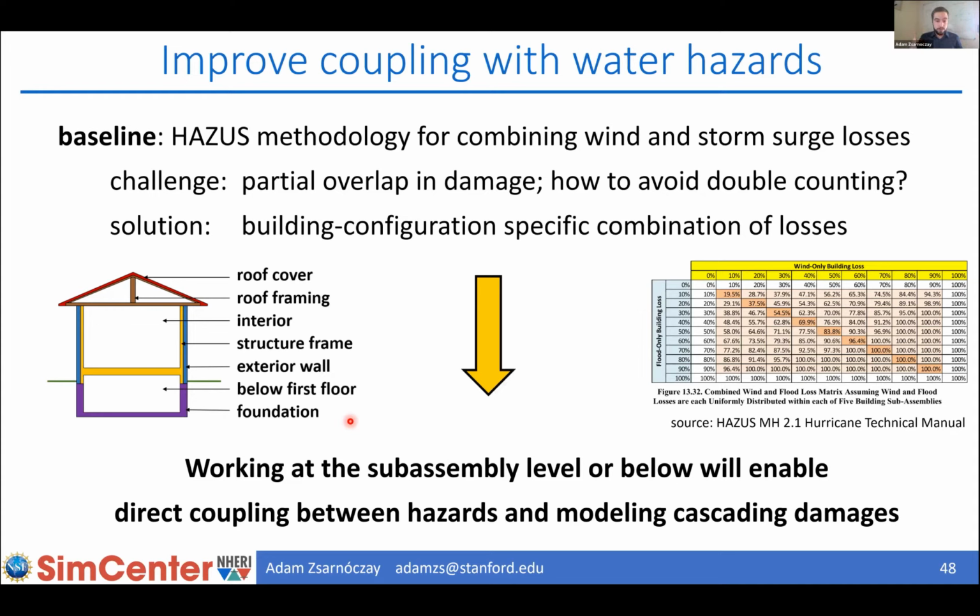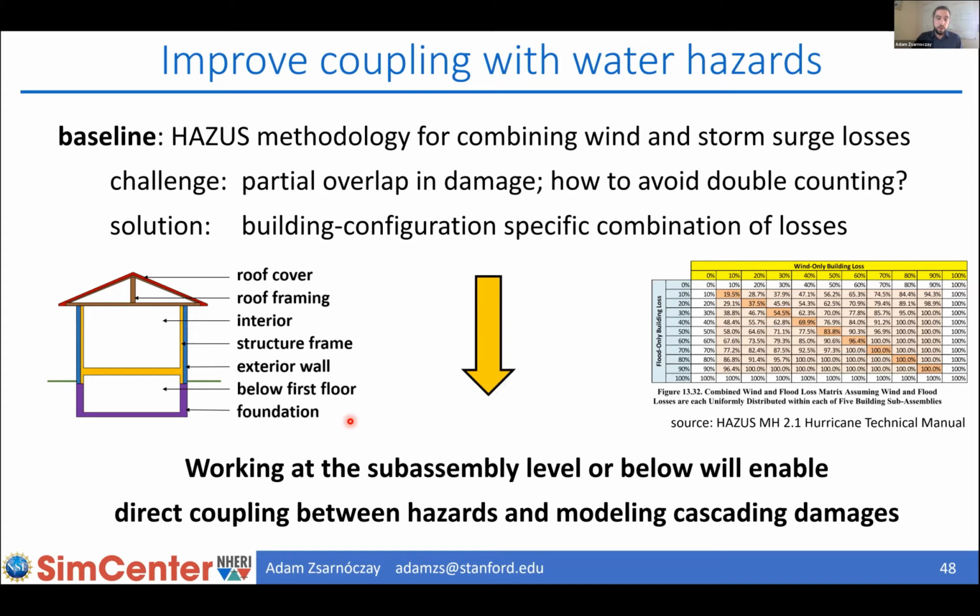And also another important hazard is rain. If I know that the building roof cover is damaged, or I know that the windows are broken, it's much easier to anticipate losses due to rain, to the components, to the contents of the building. But if I only know a building level loss, it's very difficult to make accurate assumptions about how that will influence rain damage.